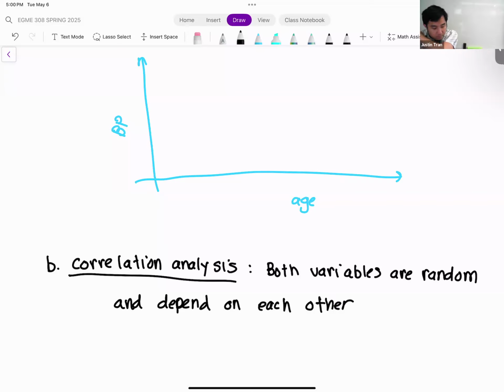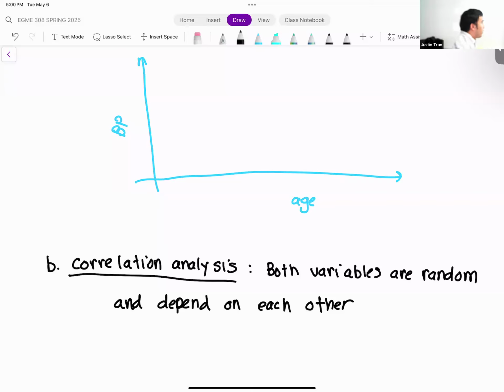Okay. And so in a correlation analysis, most of the times when you perform one, you're looking for a relationship. And so you're plotting these two variables against each other, and you're trying to see if there is a relationship between the two.